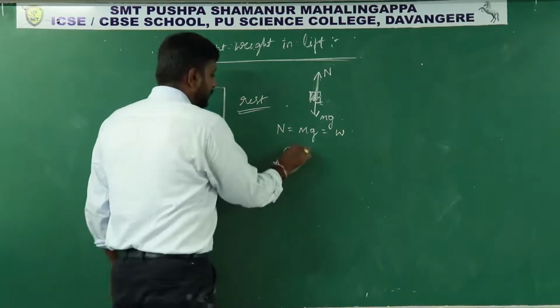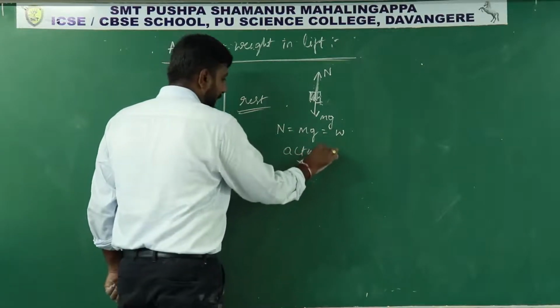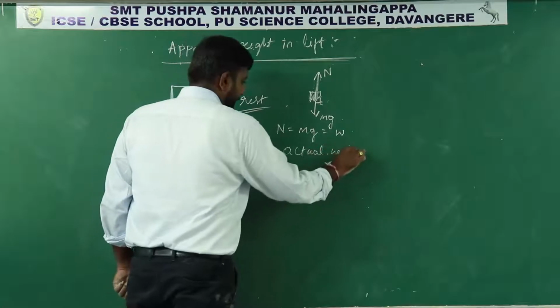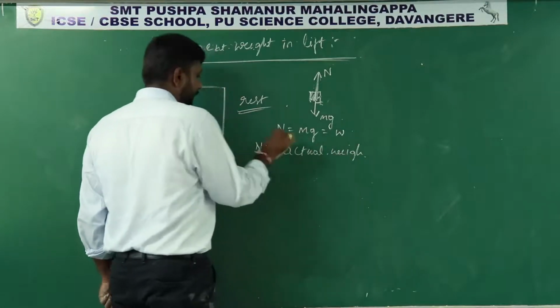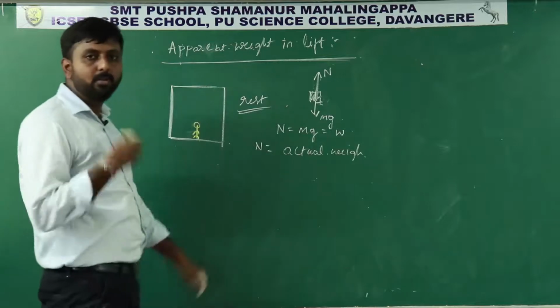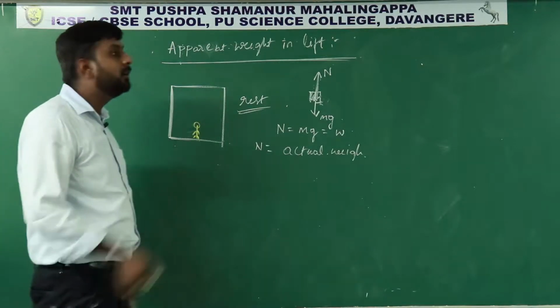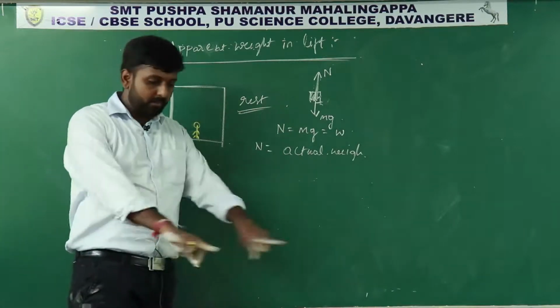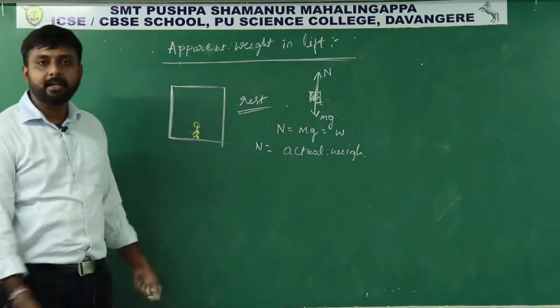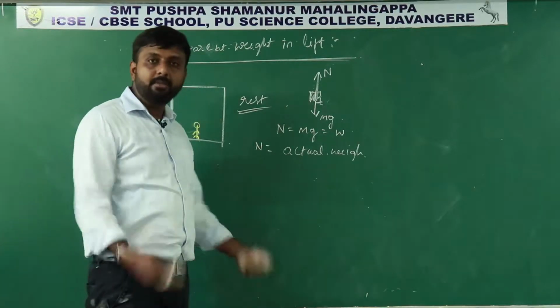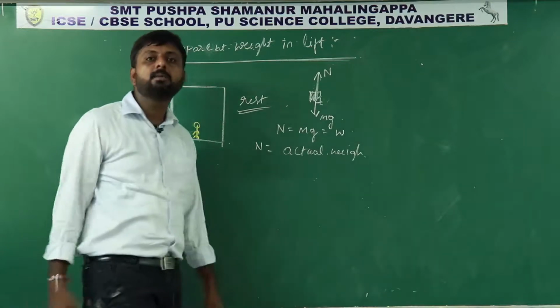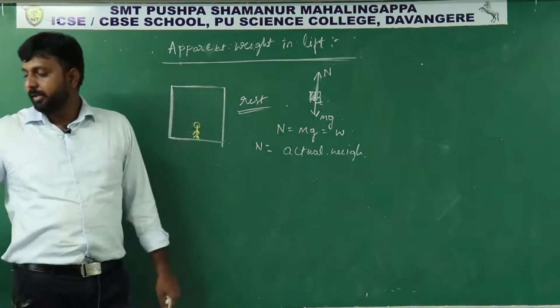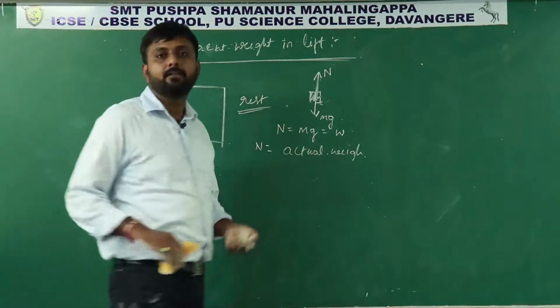So there is no change in the actual weight. That normal reaction is equal to the actual weight. When you stand on a weight measuring instrument, what it measures is that normal reaction only, which equals your actual weight.